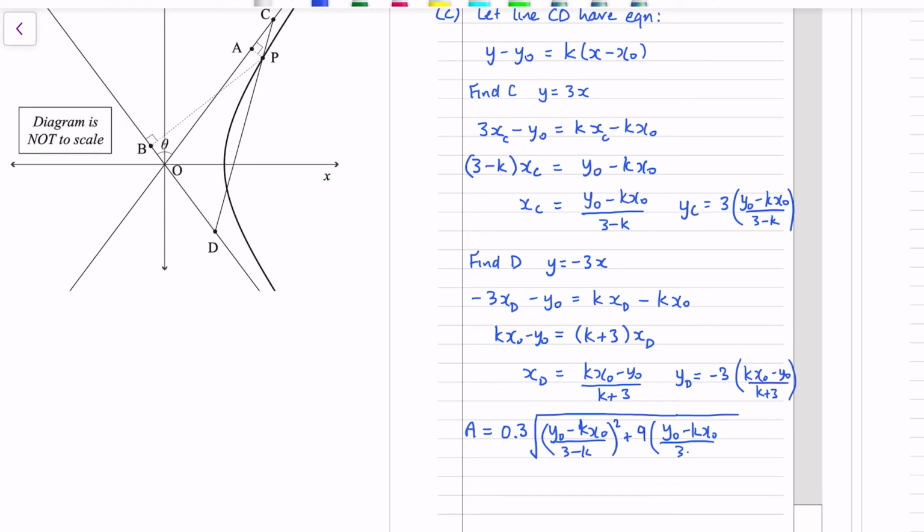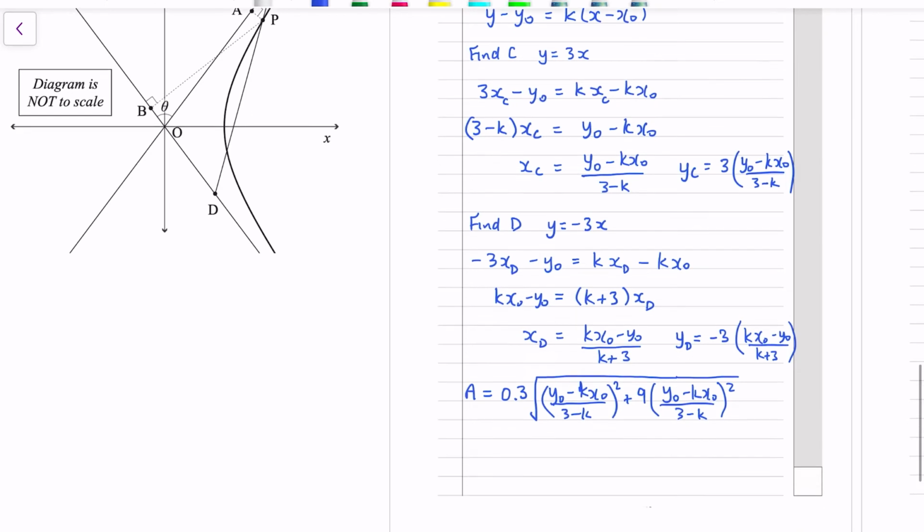Hopefully you can see why I put the 3 on the outside of the brackets rather than expanding it, because I got exactly the same thing in that.